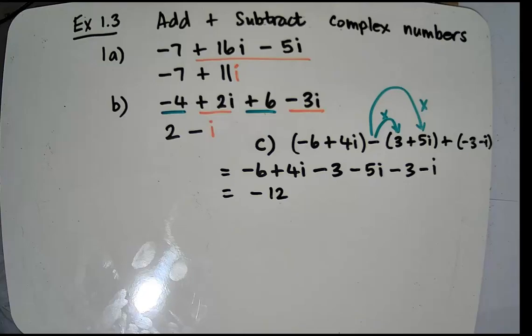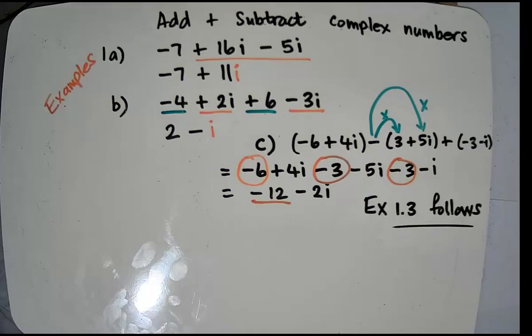It is far easier. So minus 5i minus i will give us minus 6i, plus 4i will give us minus 2i. Those are the real part, and these are the imaginary part, the ones with the i.